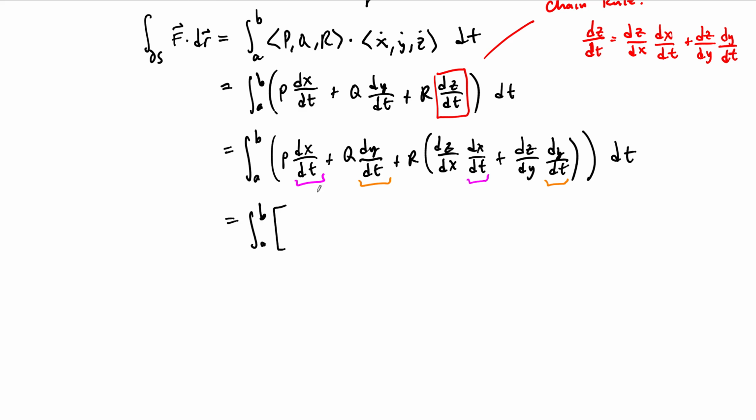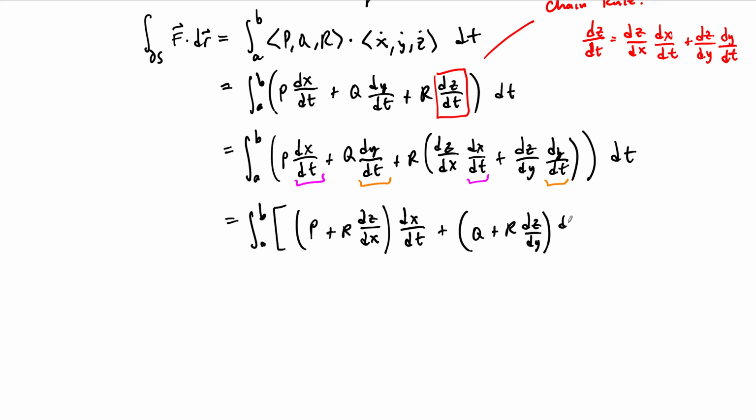The first term is going to be P plus R dz/dx, all times dx/dt, and then it's going to be plus Q plus R dz/dy, all times dy/dt. And this whole thing's integrated up with respect to t.